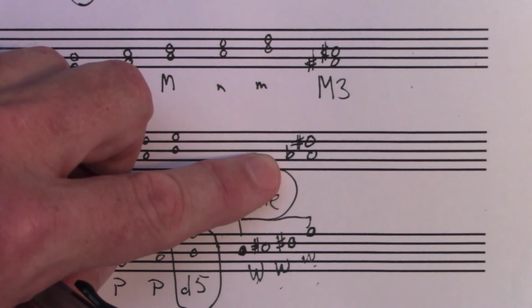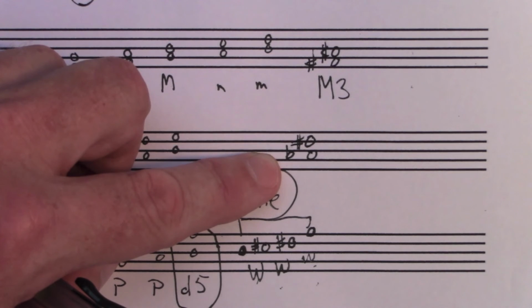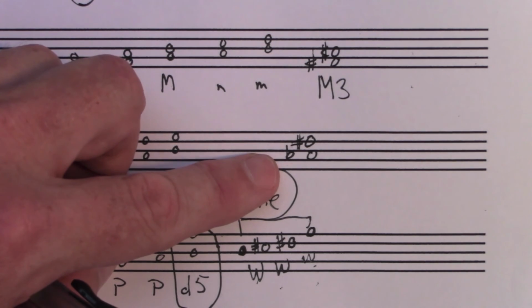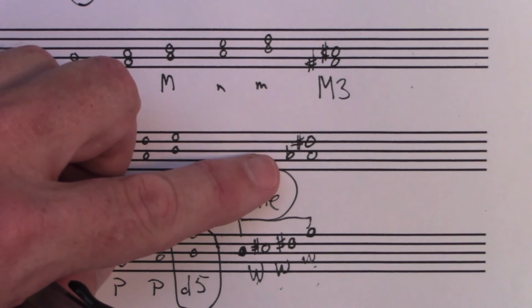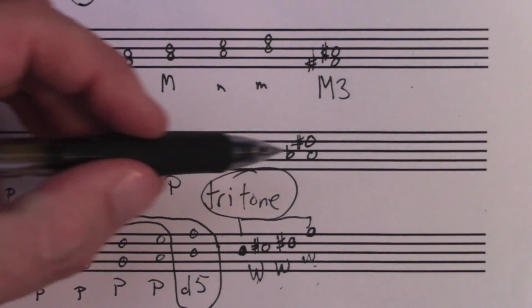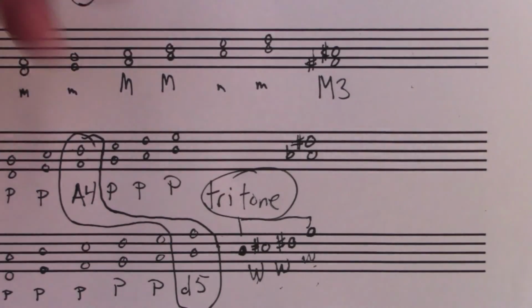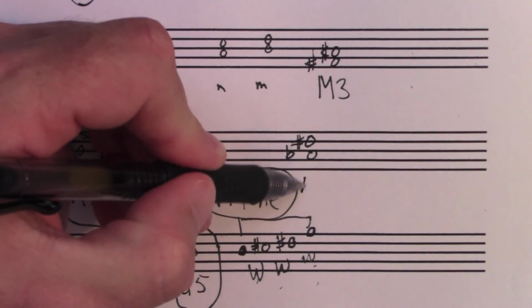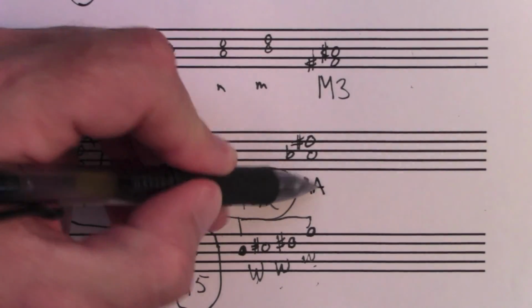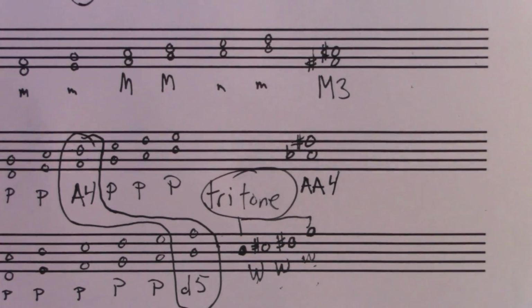We have an augmented fourth, and we lower the bottom note. Does that make it larger or smaller? That makes it larger again. So we had an augmented fourth, and then we made it one bigger. You're going to love this. A double augmented fourth.